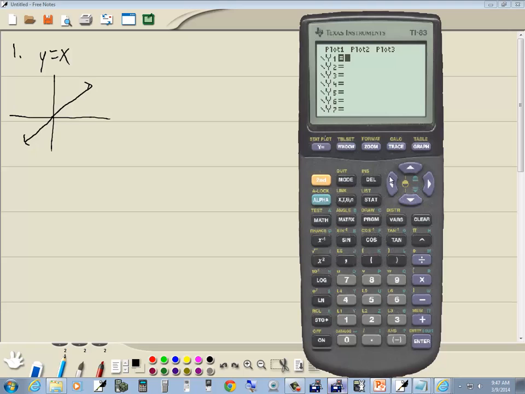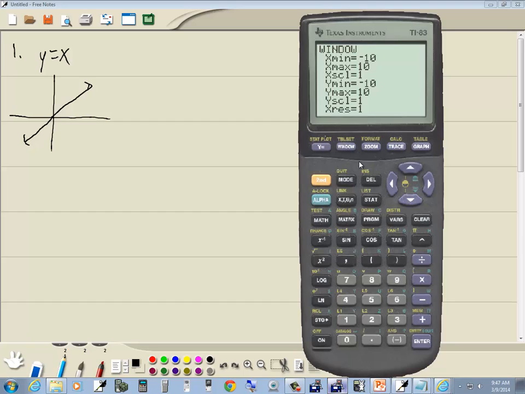Another thing that can happen is sometimes your zoom can get screwed up. If you press zoom and choose 6 for ZStandard, so Zoom 6, that'll set your viewing window back to -10 to 10 on the X and -10 to 10 on the Y. Let me show you an example of that.